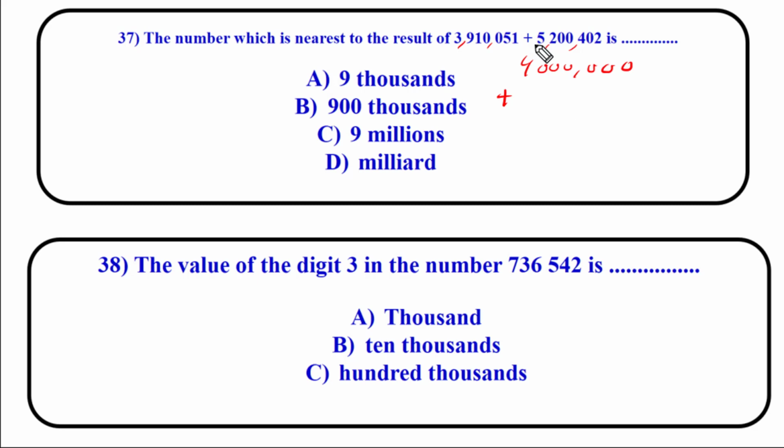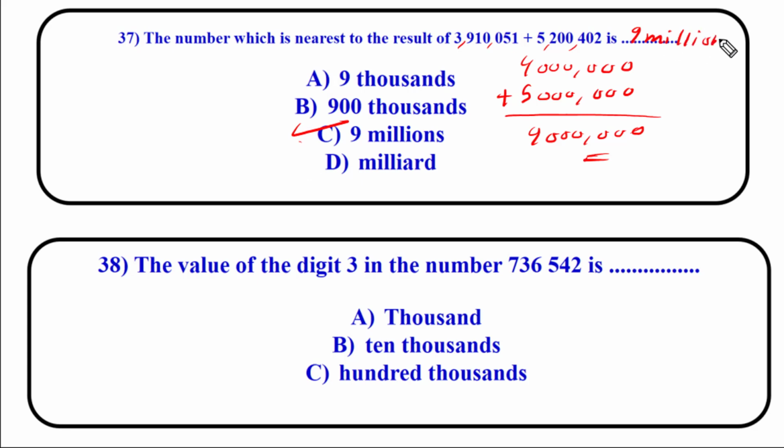Plus the second, 5,200,000, is close to 5 million because we have 200,000. Now 4 million plus 5 million equals what? Equals 9 million. So the correct answer is C, 9 million.